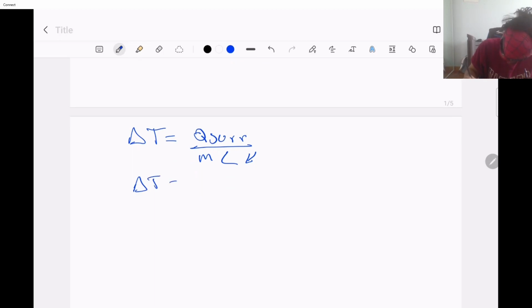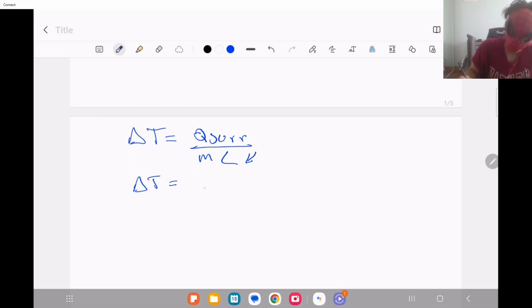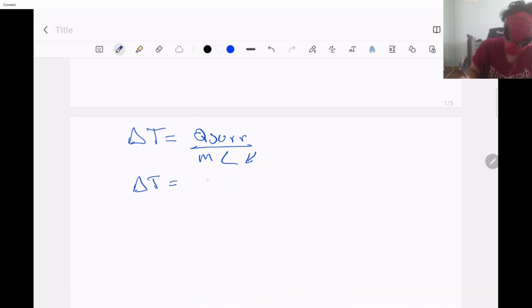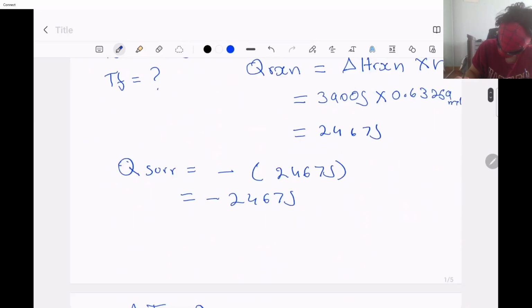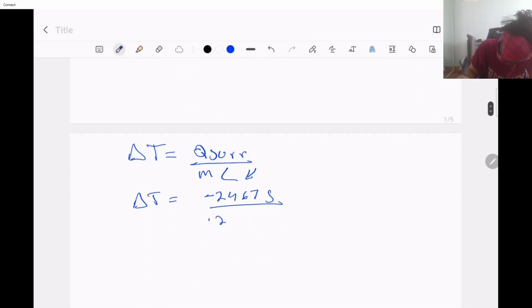So delta T is equal to Q surroundings, which is negative 2,467 joules, over the mass of the water, which is 1,250 grams, times the specific heat capacity, 4.184 joules per gram times degrees Celsius.